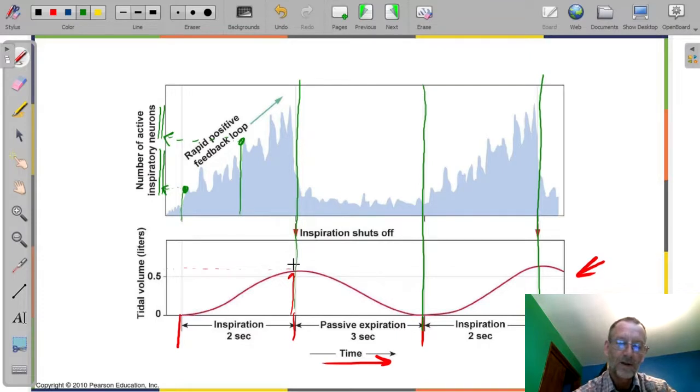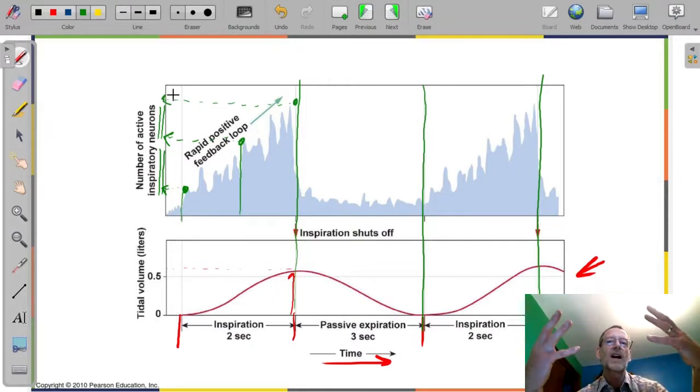And when we're fully inspired, maximum number. And this is that sort of tidal breathing. So it basically just shows that the skeletal muscles become more active with inspiration.